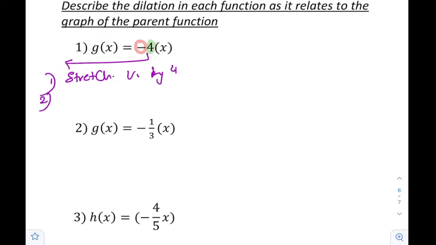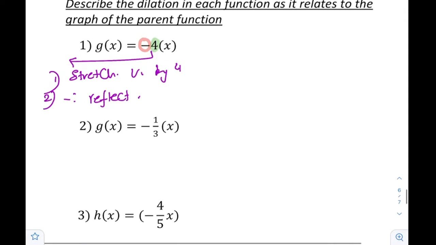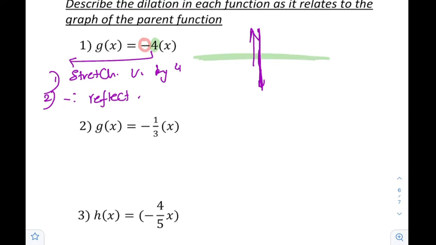Regarding the minus sign, the minus will reflect your function. And since we know that anything outside will affect vertically, that means the reflection will be across the x-axis. So your x-axis will behave like the mirror.